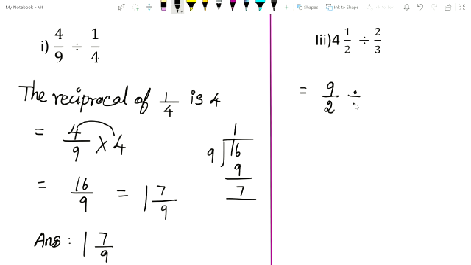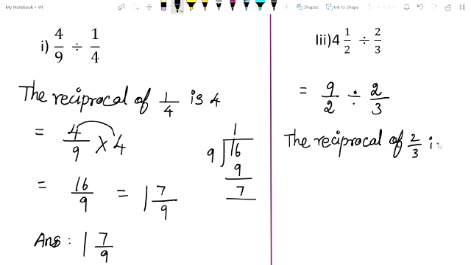divided by 2 by 3. Now we are going to divide these two rational numbers. First we have to take the reciprocal of the divisor. Here 2 by 3 is the divisor. So the reciprocal of 2 by 3 is 3 by 2.